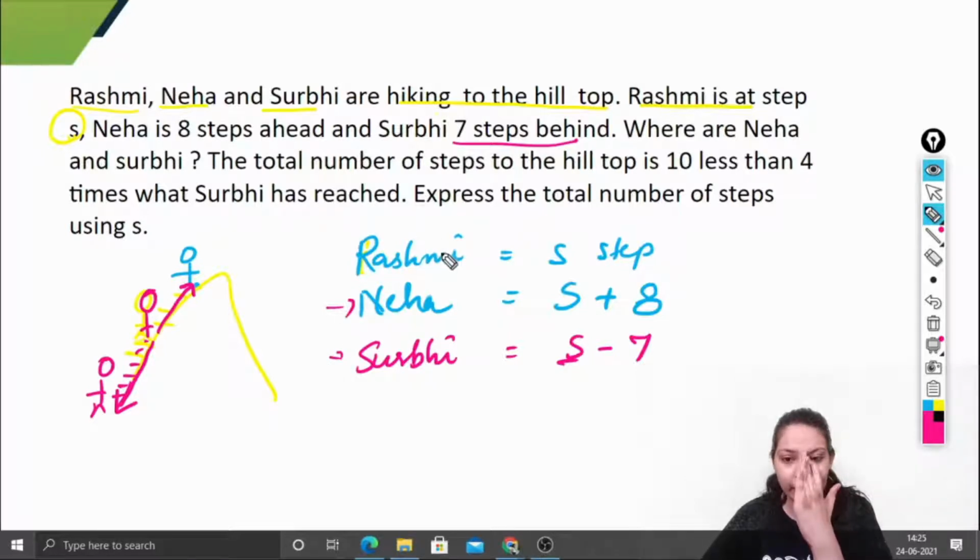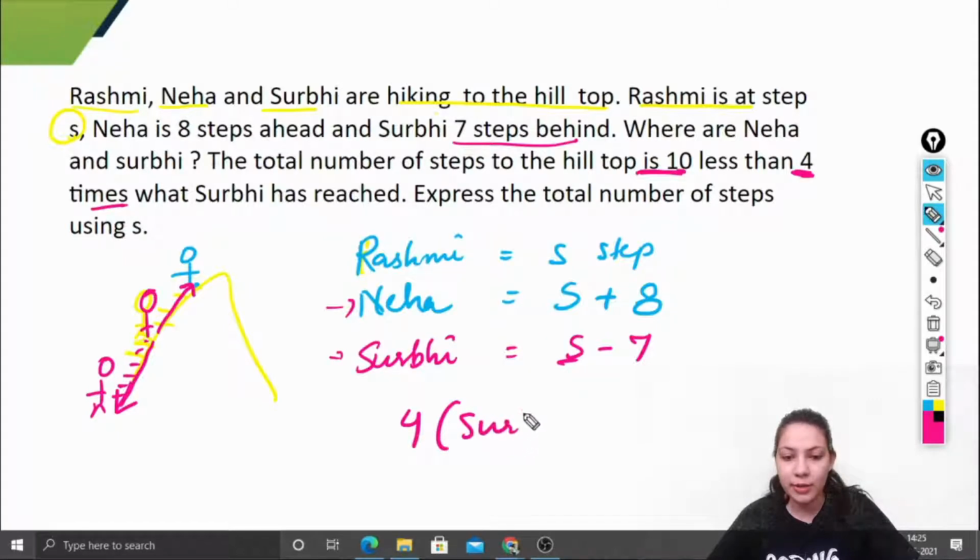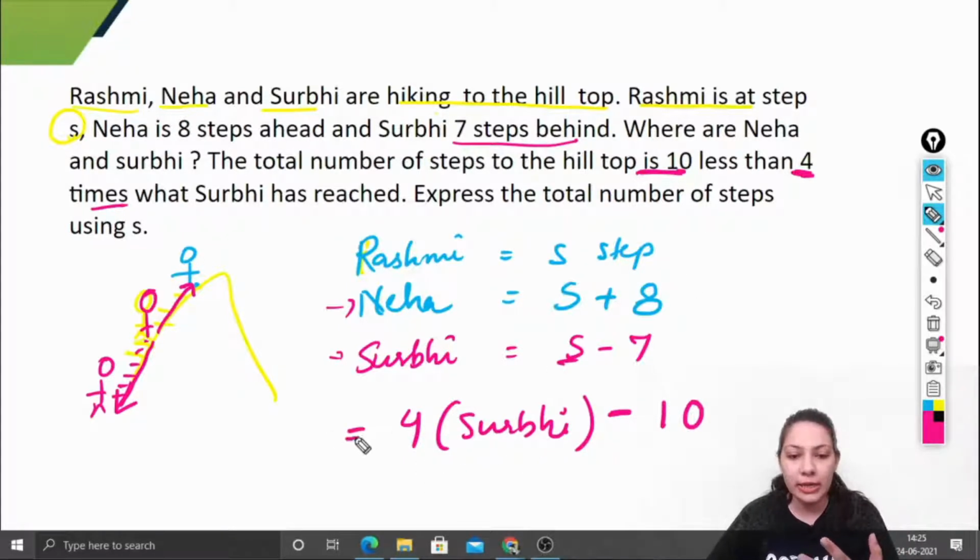Now we have to calculate the total number of steps using S. So the condition is that the total number of steps is 10 less than 4 times Surbi, so 4 times Surbi minus 10 equals our total steps.